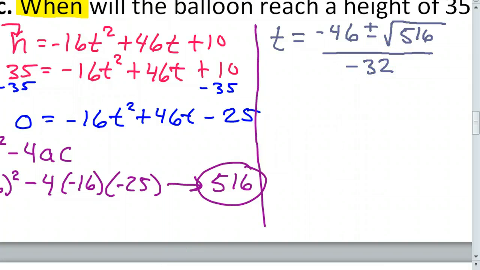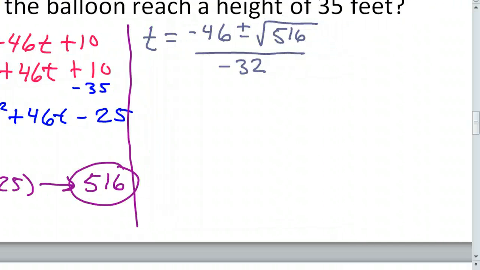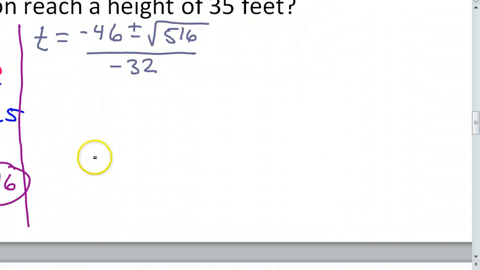Since we are doing a real world problem, decimals will be just fine. So I'm going to recommend we go ahead and put this entire thing into the calculator. Of course, you can't put plus or minus in the calculator. So we're going to put it in once with a plus and once with a minus and see what we get.